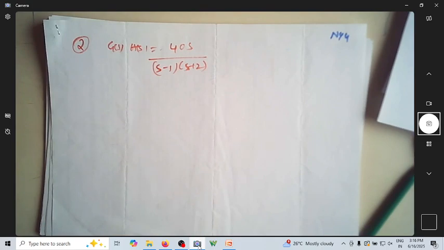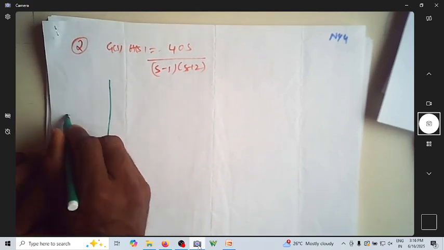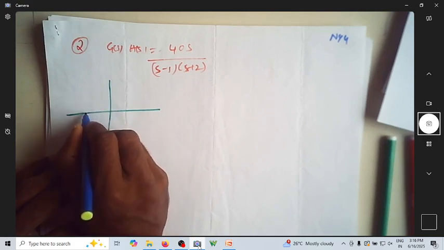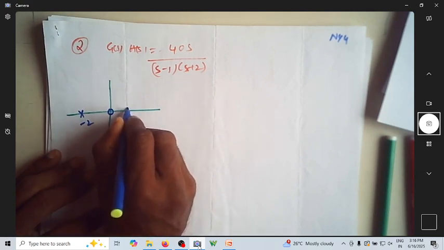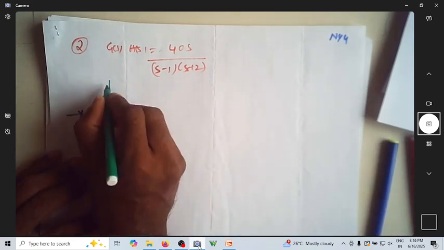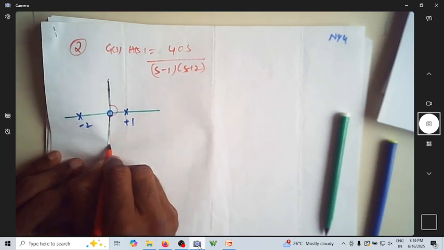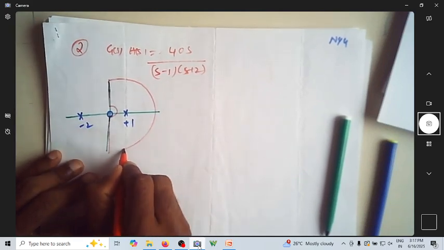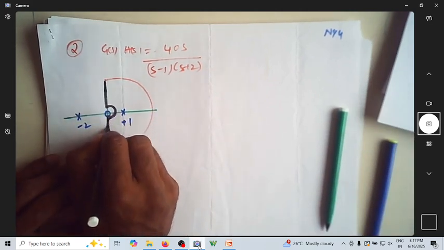So let me write the contour. The poles are at, there is a 0 here, there is a pole at minus 2, there is one more pole at plus 1. So this is our Nyquist contour.